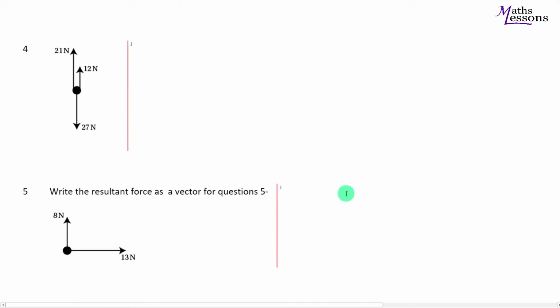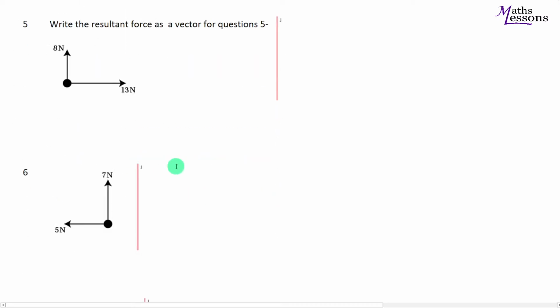Right, moving on. Okay, so we're going to jump onto question 5 now, leave out question 4. I'm going to write the resultant force as a vector for these two. So remember, a vector is going to be looking like that, X, Y, or you could have Xi plus Yj as your vector. You can choose.